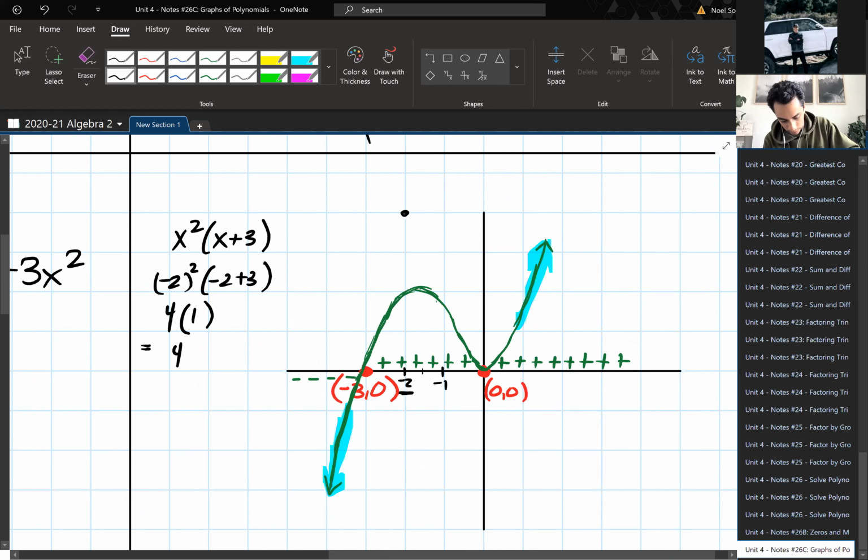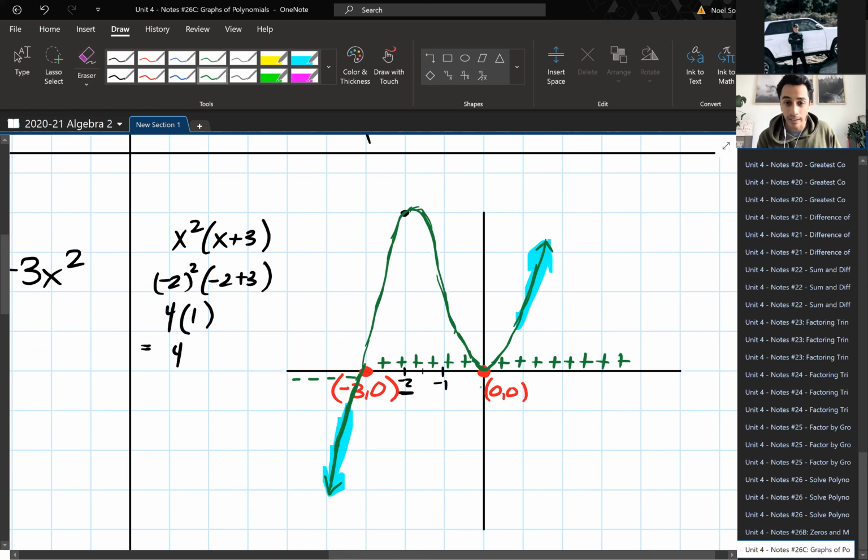So if I really did want to adjust my curve, I could make it a little more precise, and I could have it grow where it's going to touch that point. And then it has to curve back down in order for it to touch the other intercept.